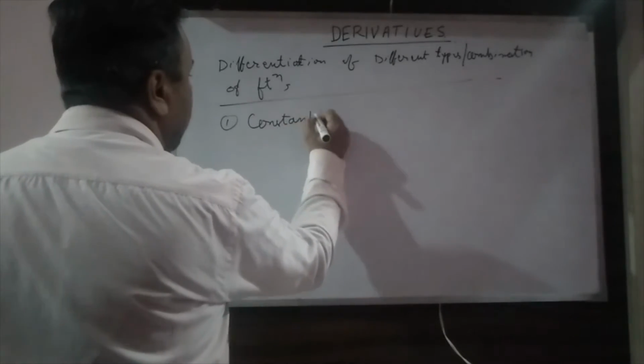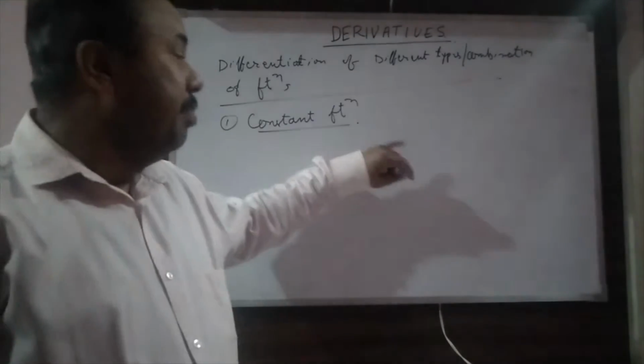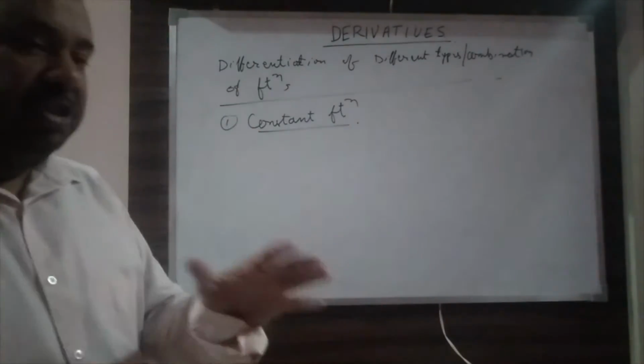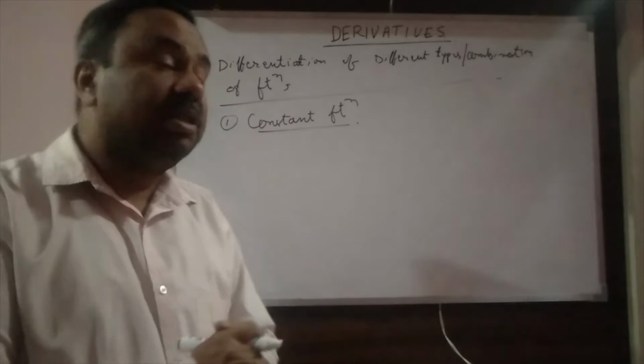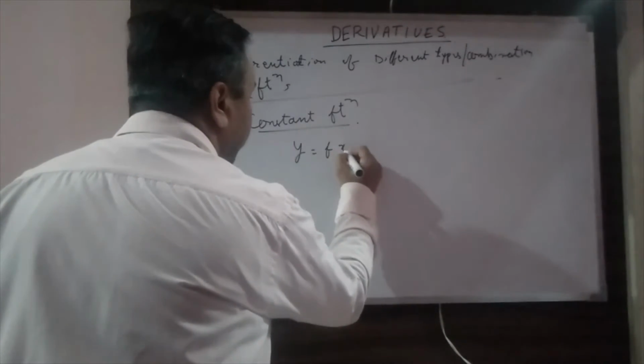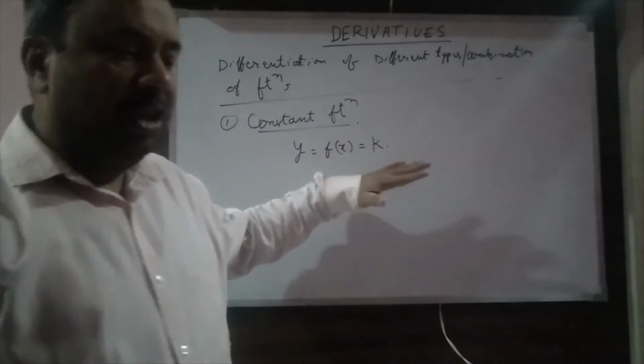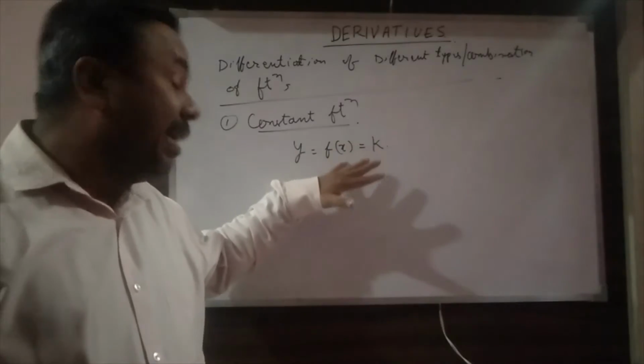Now what do we mean by a constant function? A constant function means a function whose value remains constant. For example, y equal to f(x) equal to k.